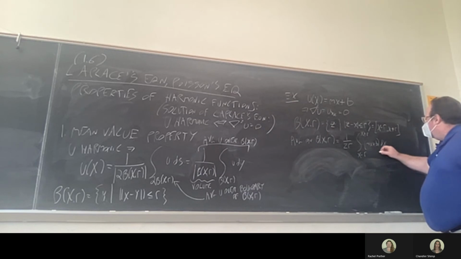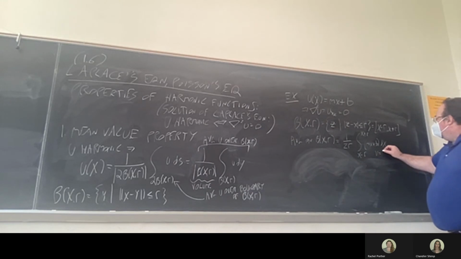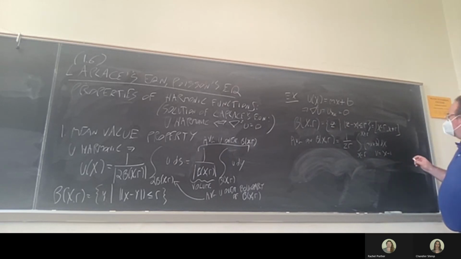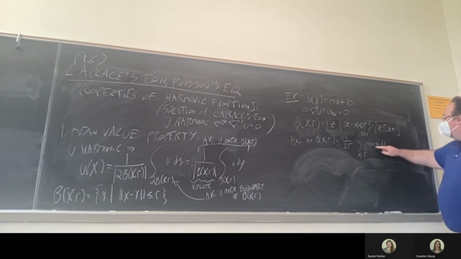So I'm going to make a change of variable. Let's see. Oh, wait. I need to use a different letter inside the integral. I have x in the limits. Okay.